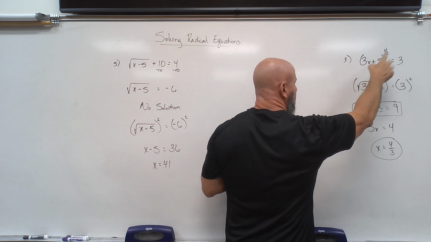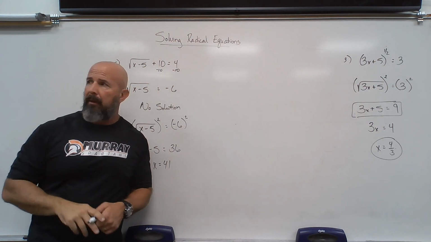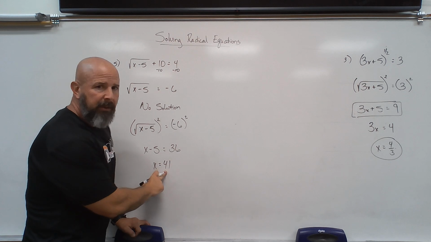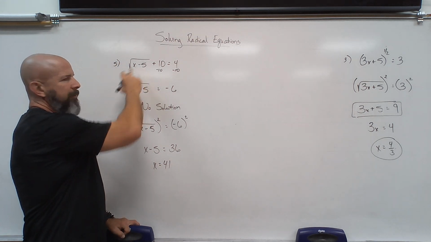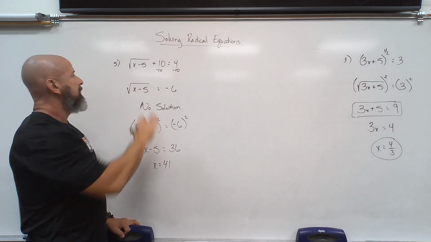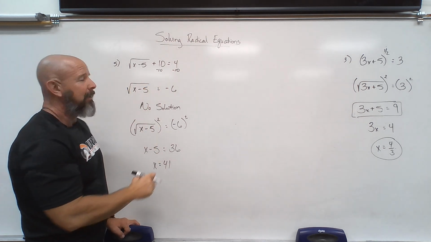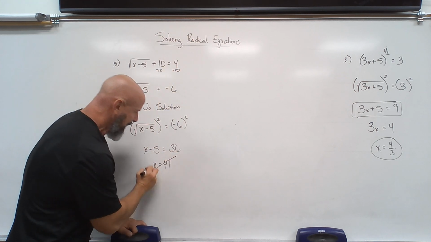And then the square root of 9, hey, that's 3. That's working. Any of our solutions should work. Well, let's put 41 in. 41 minus 5 is 36. The square root of 36 is 6, plus 10 is not 4. So that cannot work.